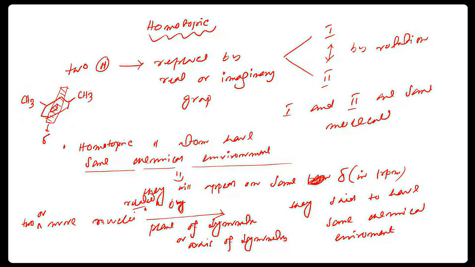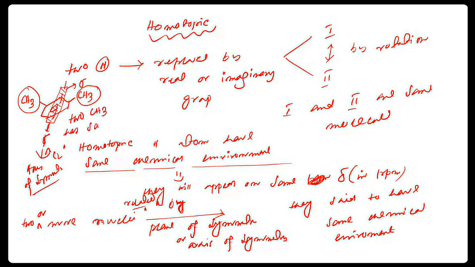And if I put an axis on this screen also, this is sigma, and this is the axis of symmetry. See, these two methyl groups are mirror images through this plane, and if you apply a C2 axis, they will be the same. That's why these two methyl groups have the same chemical environment.